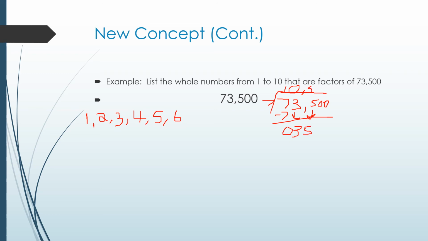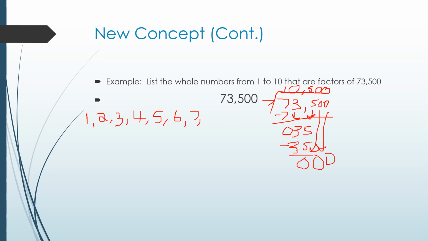That would be 5. 35. 0. I think you can see that we're going to end up having it work here, because I'm going to bring another 0 down, and then I'll be done. So no remainder. That means 7 works.